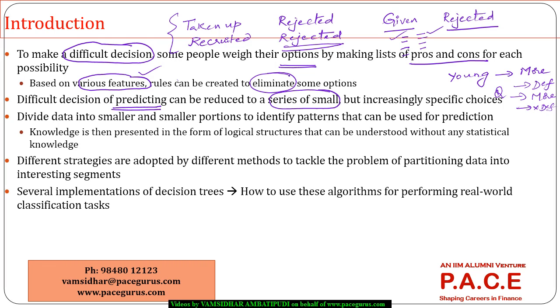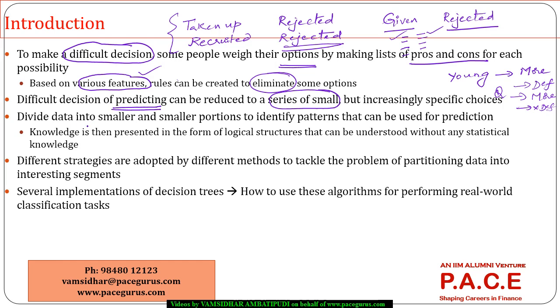But within that small set of choices, all of them are very specific. So I am eliminating some features and retaining some features. Based on them, finally, I have to make my choice. Though the number of options available to me is narrowed down by this process, within those options, which one do I need to select?